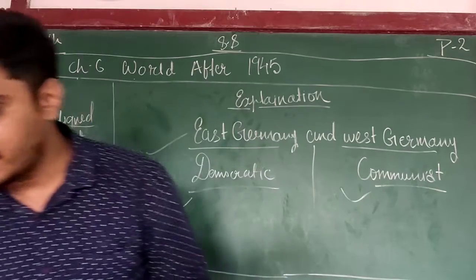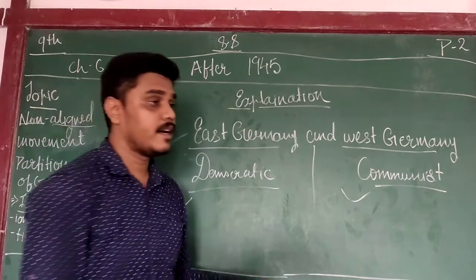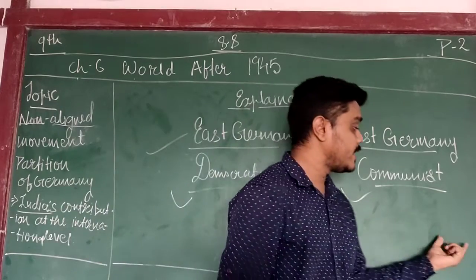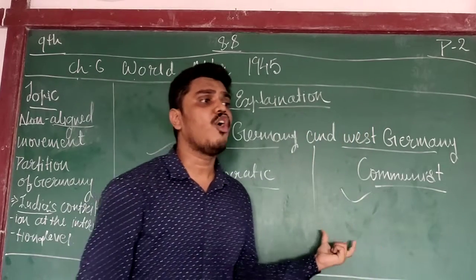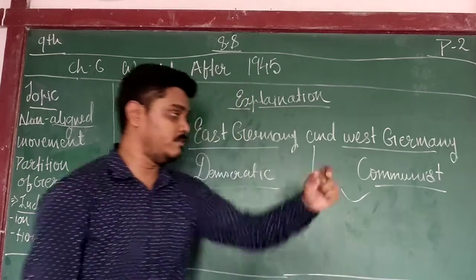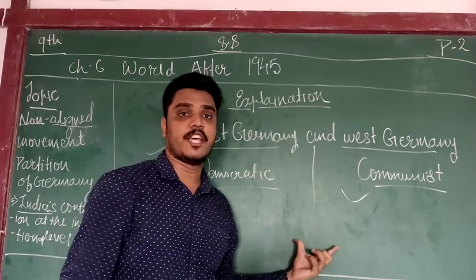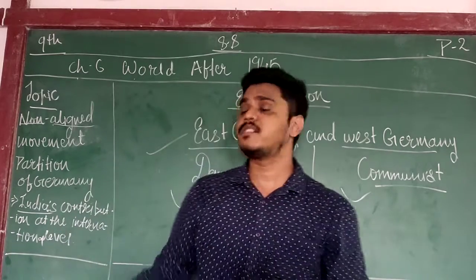And also, the most important thing is that India demanded that instead of spending money on the military, we should spend on the economic scenario, because India was facing the same problem.